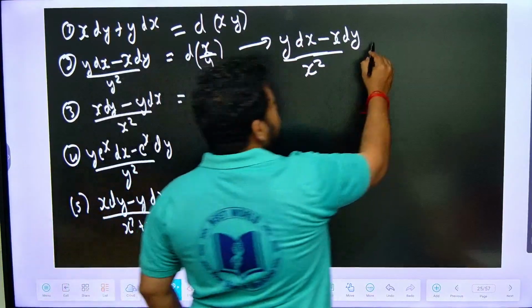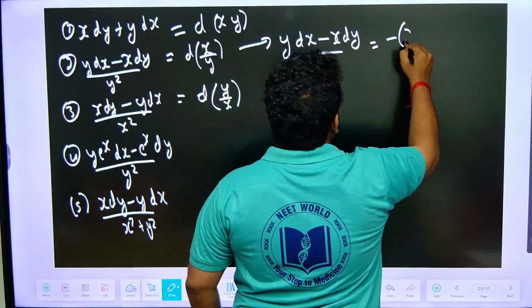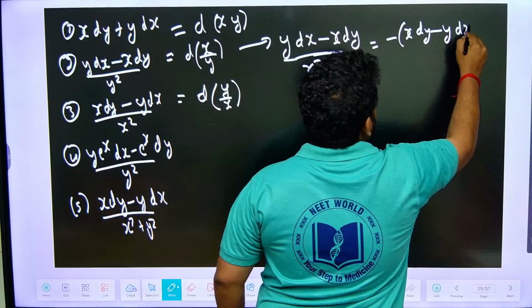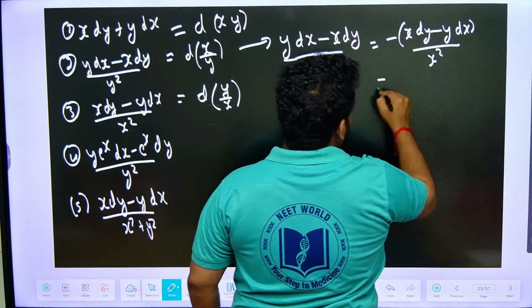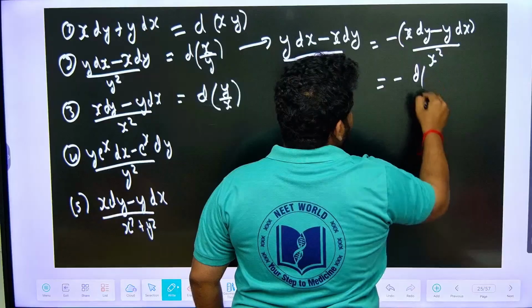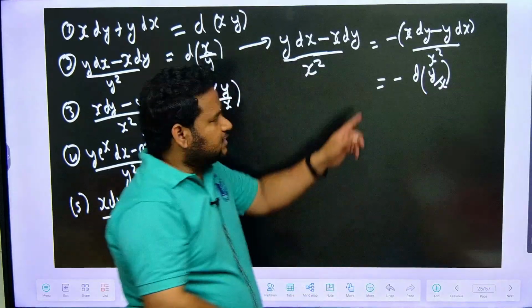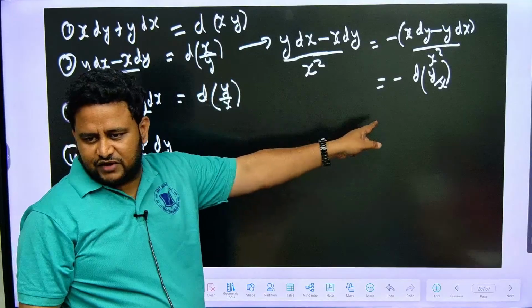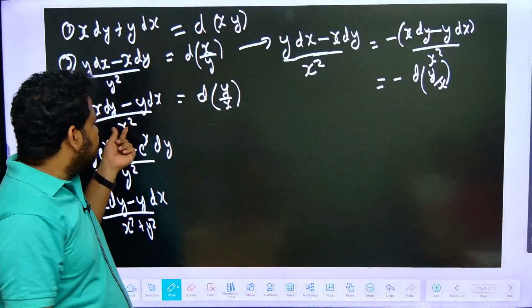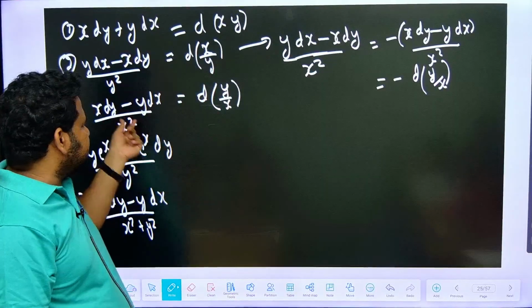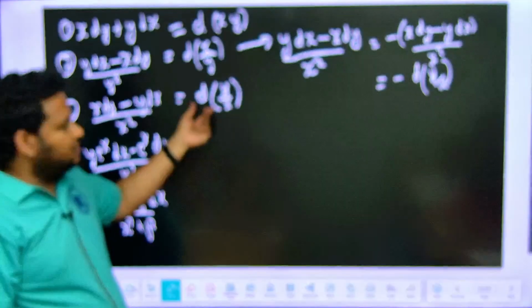So this will become x into dy minus y into dx by x square, which is minus d of y by x. Understood? Minus d of y by x. So if it is y square, it will be d of x by y, and if it is x square, minus d of y by x.